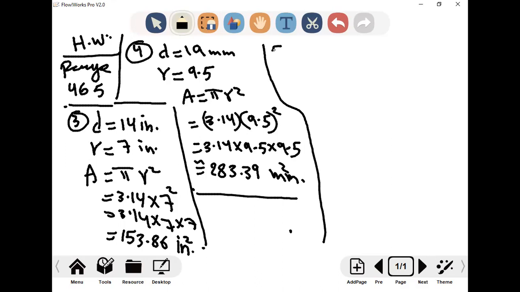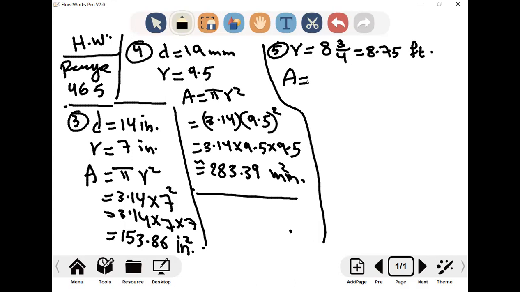Question 5, we have a semicircle, right? And the radius here is 8 and 3 over 4, which is the same as 8.75. You can use 8 and 3 over 4, it's okay. It is feet, right? Now, the area of this semicircle, we said is half the area of the circle.